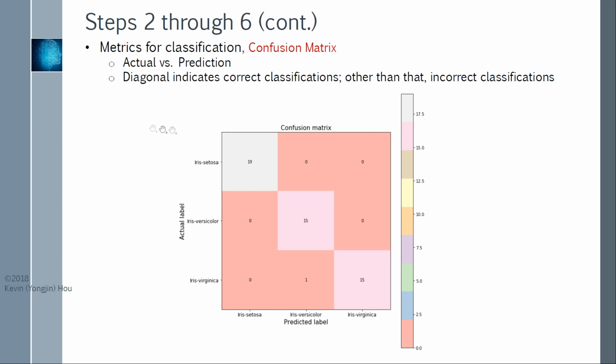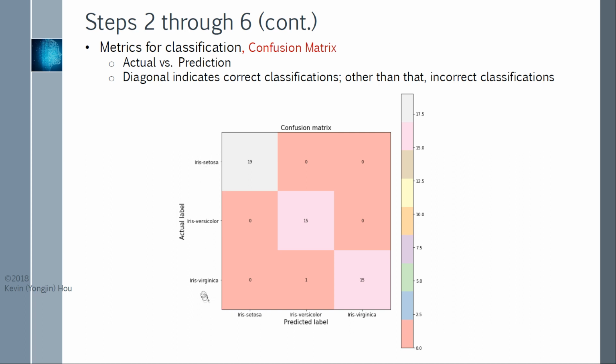We also talked about the confusion matrix in the previous session when we talked about logistic regression on the handwritten digit case. And here is how we read the confusion matrix. Horizontally, the x-axis represents the predictions. Again, we want to put each test data point into three categories, three different species of the iris.